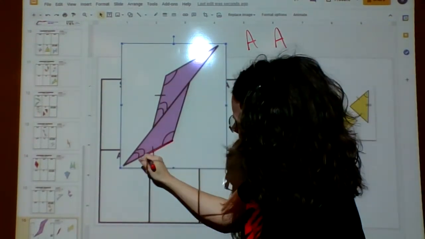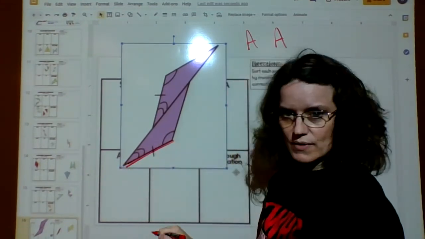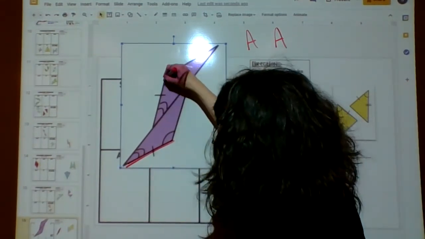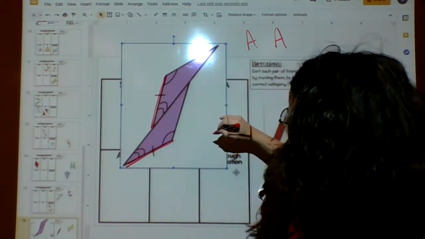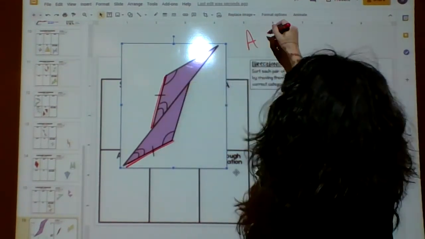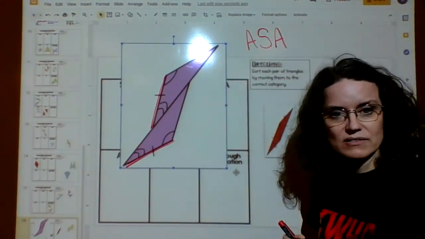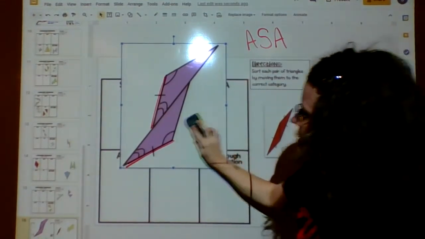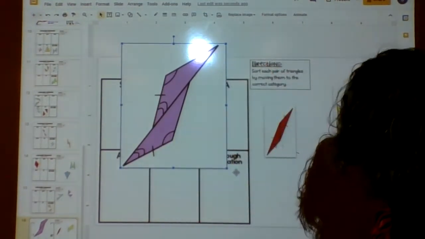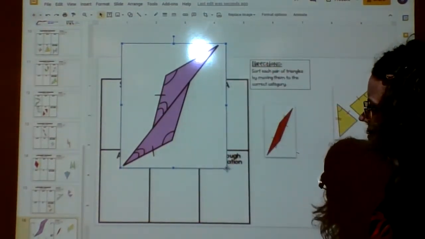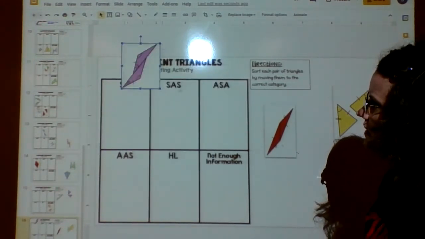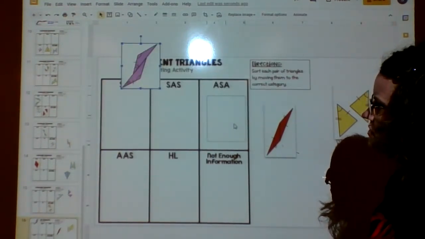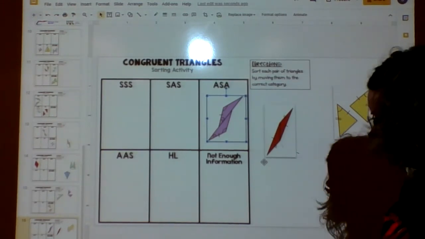And then I have the side that connects the two angles here, and I have the side that connects the two angles here. And so since it connects them, it's in between them, and I have an angle side angle congruency here. Okay, so these ones, I can still say they're congruent, and they'll go over here in angle side angle. I didn't know if we had done one of those yet or not.